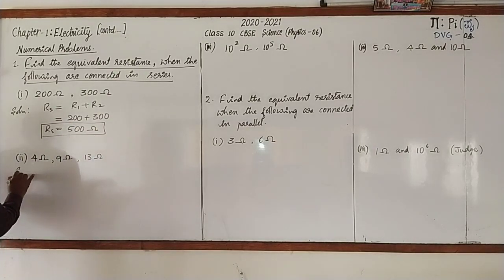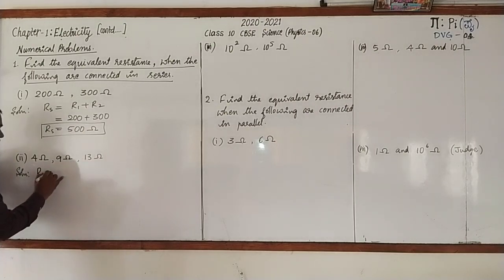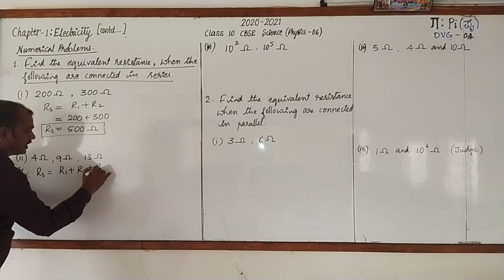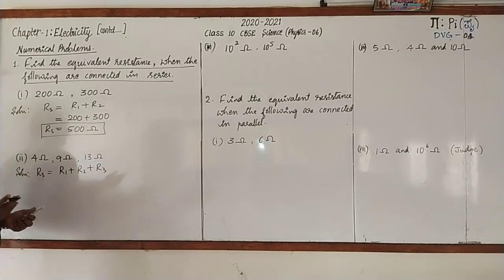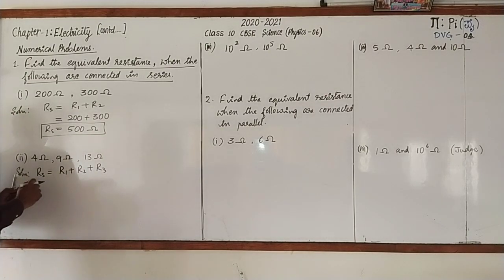Then 3 resistors are given: 4 ohm, 9 ohm and 13 ohm. You can write Rs equal to R1 plus R2 plus R3. You can write it directly, but for the sake of understanding, I am writing the formula as well.